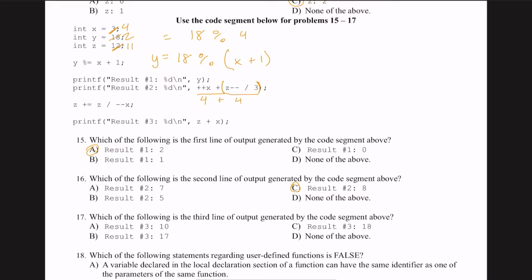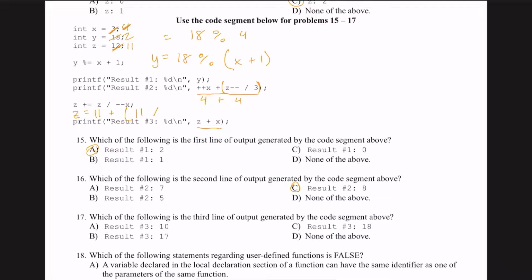Moving on to question 17. Which of the following is the third line of output generated by the code segment above? So we're looking for z plus x. z is equal to the current value of z plus z divided by minus minus x.